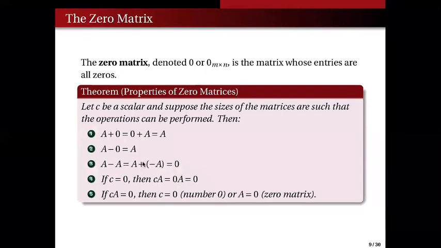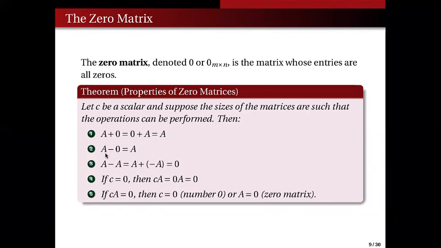These are the properties of the zero matrix. Okay, so provided that all operations here are well defined, then if you add any matrix to the zero matrix, you should get the matrix. If you add a matrix A to the zero matrix, you should get A. Okay? So A plus 0 equals 0 plus A, which is equal to A.